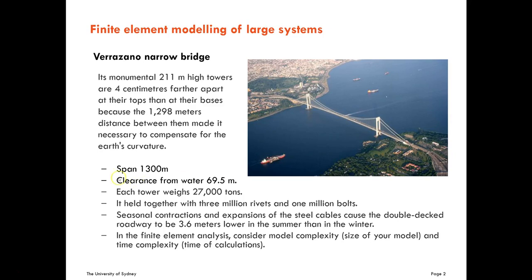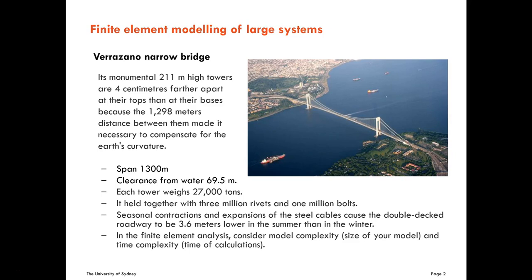Let's see. So the span, 1.3 kilometers. The clearance from water is 69.5 meters, and each tower weighs 27,000 tons. This is a huge structure. But finite element modeling can model large systems without problem.